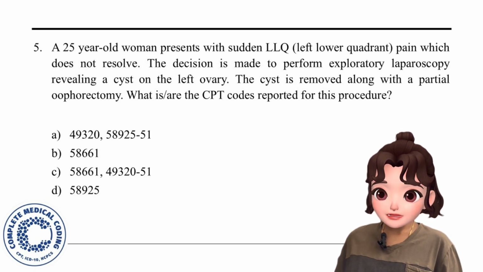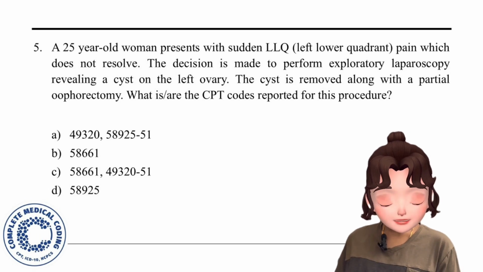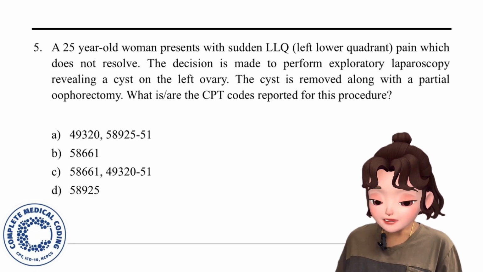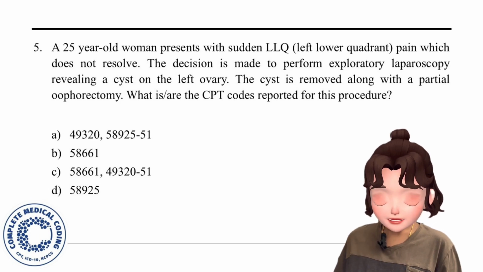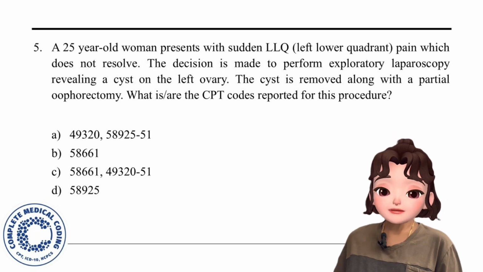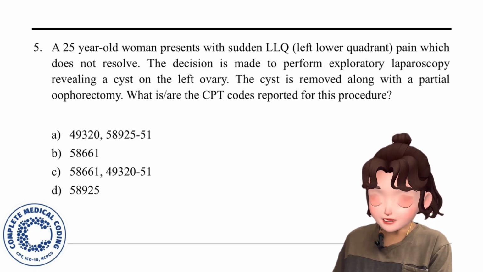Okay, let's look into the other codes also. Option B, 58661. What is 58661? Laparoscopy, surgical, with removal of adnexal structures, partial or total oophorectomy or salpingectomy. Yeah, partial or total oophorectomy.